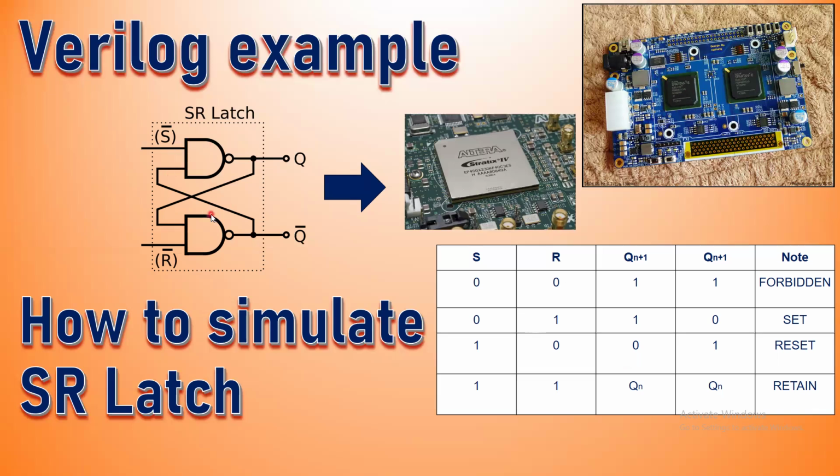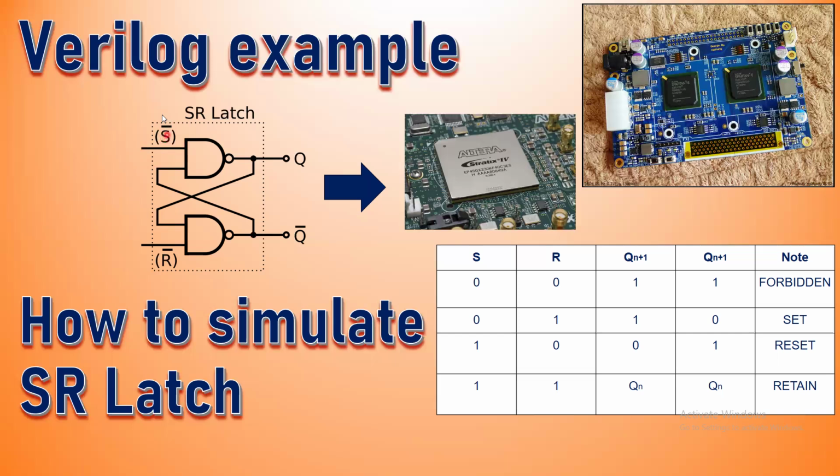Okay, so here is the schematic diagram of the set-reset latch, that is the SR latch. It is realized using two NAND gates, as shown, in a cross-coupled configuration, two-input NAND gates. For NAND gate 1, you have two inputs. The first one is an inverted set input.